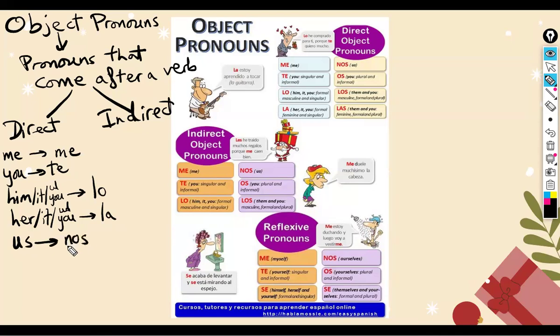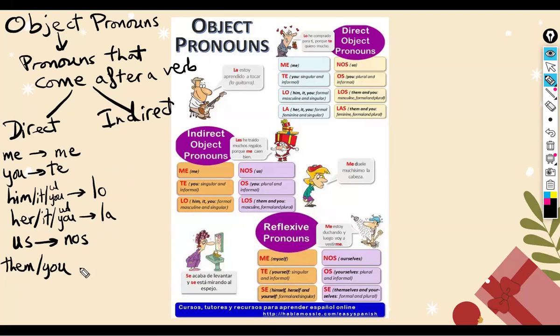So, you can't say, well, I mean, if you're in the Caribbean, you could say, give we the book, but really, if we're using standard English, we would say give us the book. So that us translates as nos, right? We don't deal with vosotros, we ignore os. For them and you, sorry, just to make this clear, I'll come back and write by lo, that is masculine, and by her, la, that is feminine, right?